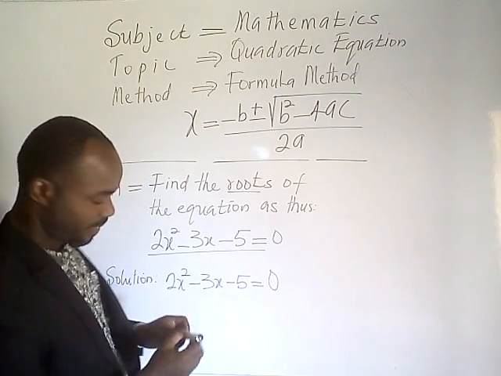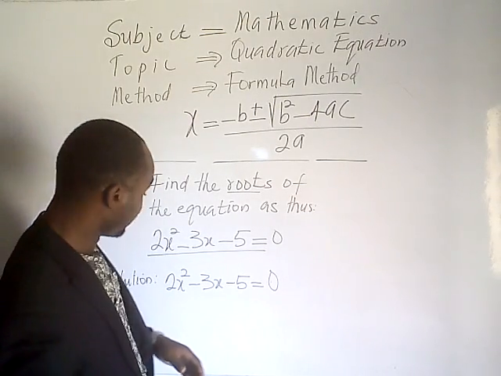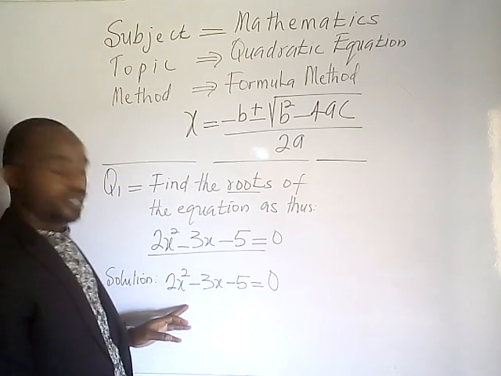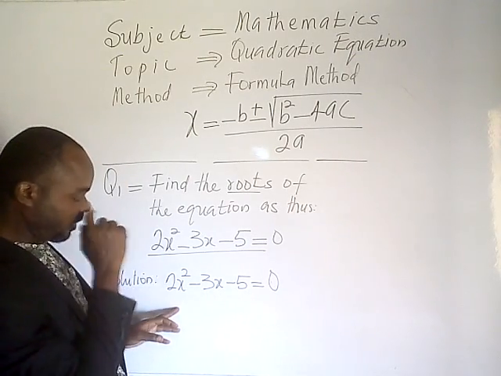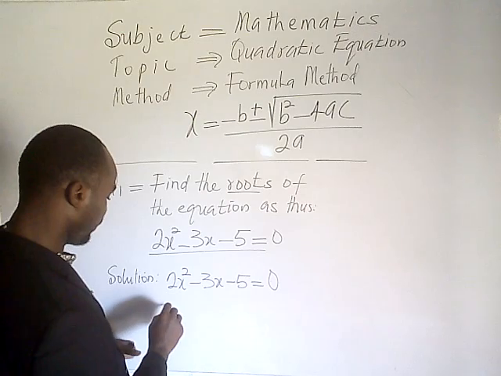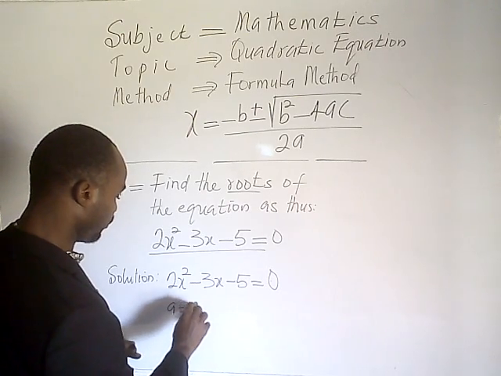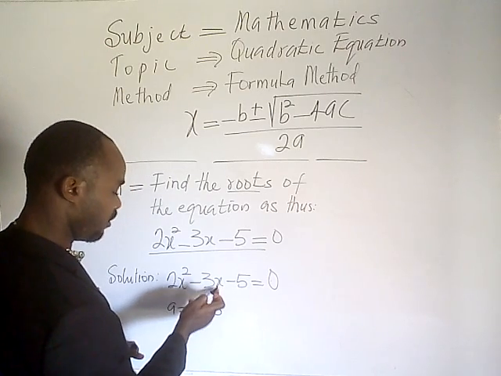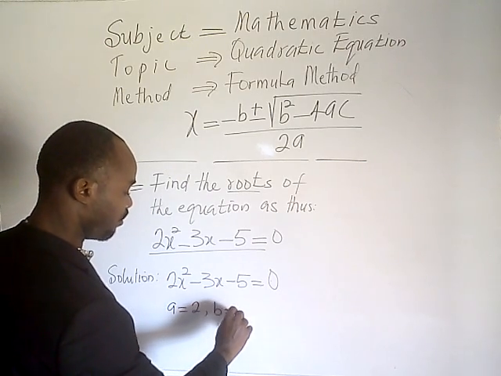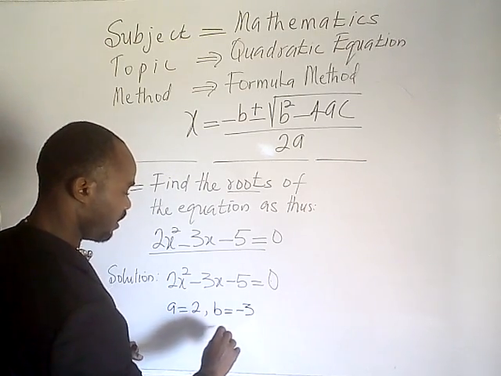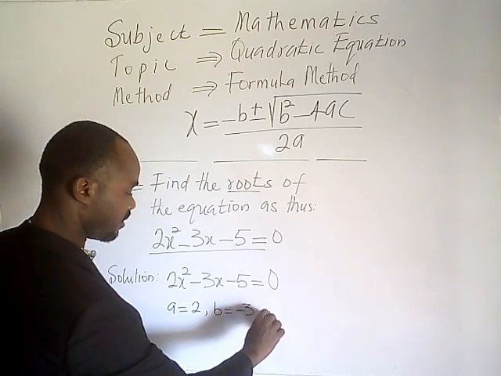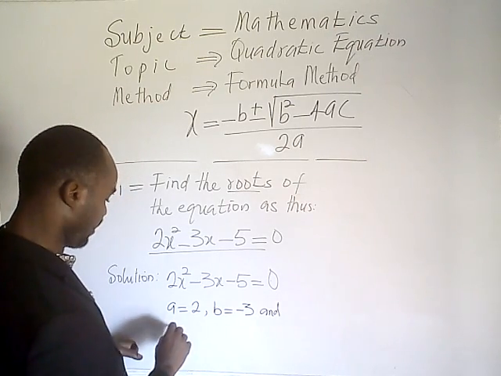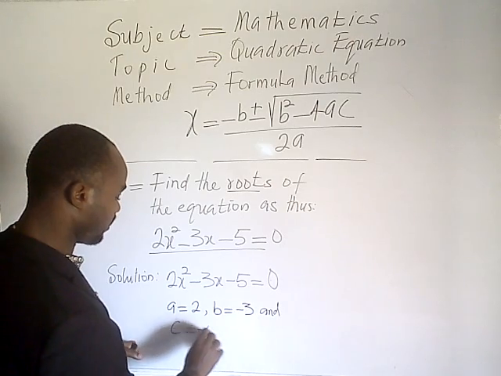The next step is the coefficients. The coefficient a is equal to 2. The coefficient of x, which is b, is equal to minus 3. And the constant term c is equal to minus 5.